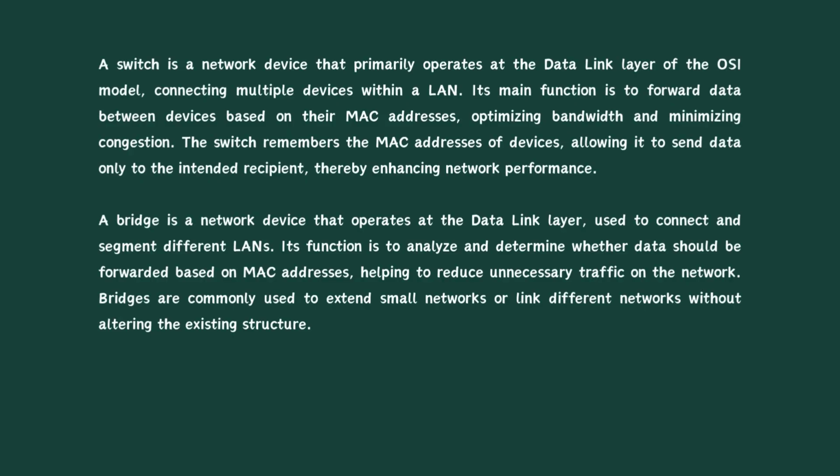A bridge is a network device that operates at the data link layer, used to connect and segment different LANs. Its function is to analyze and determine whether data should be forwarded based on MAC addresses, helping to reduce unnecessary traffic on the network. Bridges are commonly used to extend small networks or link different networks without altering the existing structure.